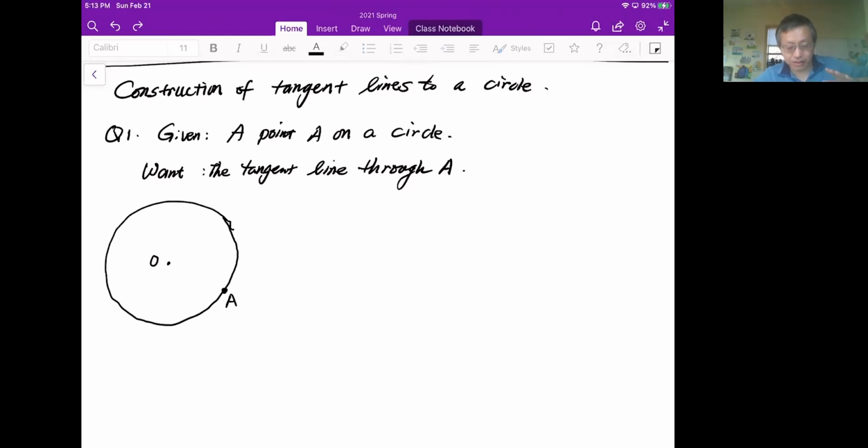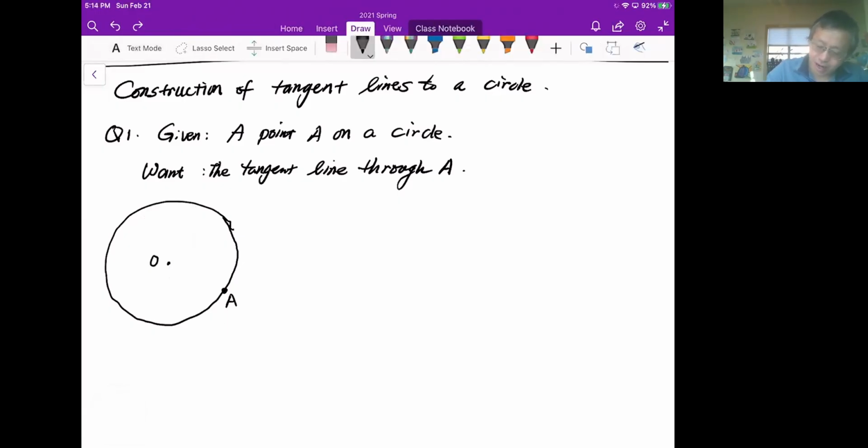So I connect OA, and then I get a straight line, because when you draw the perpendicular line, you need to make an extension. So let's make an extension here. All I want is to draw a perpendicular line through the point A.